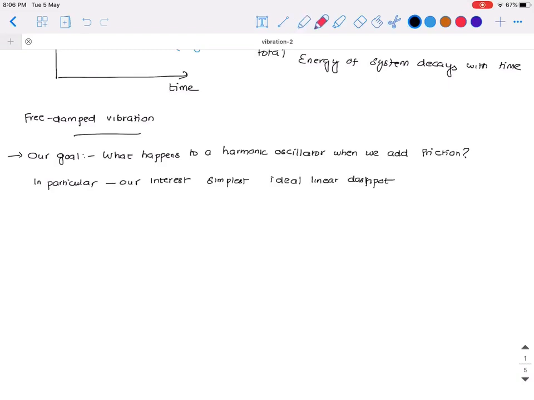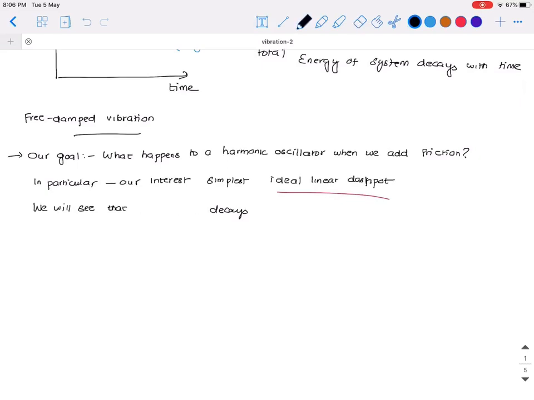Okay, so we will find that the motion of the spring decays exponentially either with or without oscillations. What we are going to see is that the oscillations decay, or rather, oscillation is not the right word here, because oscillation may not occur.